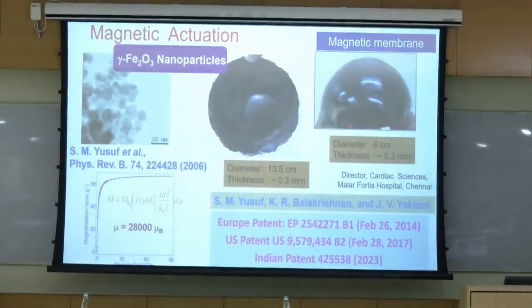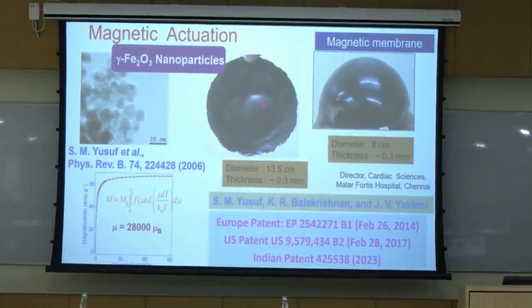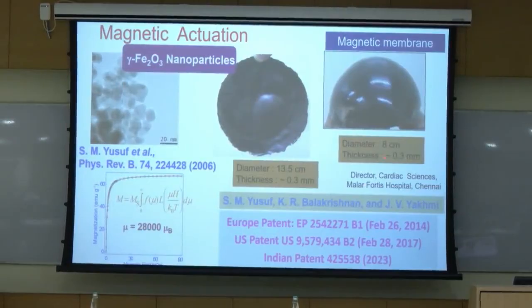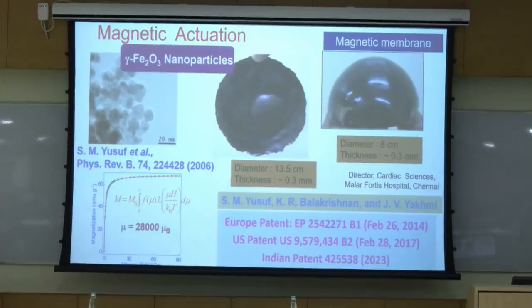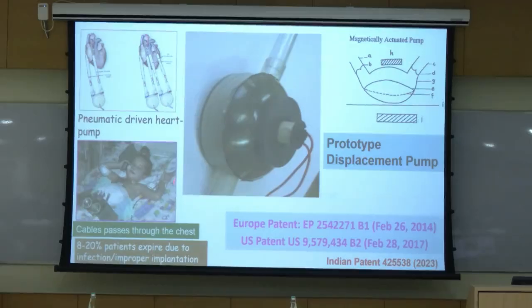And based on this magnetic membrane, what I will be showing is the artificial heart pump support system we have established in collaboration with the cardiac surgeon from the Fortis Hospital of Chennai, and we have got 3 patents, and so on. So this is the principle.